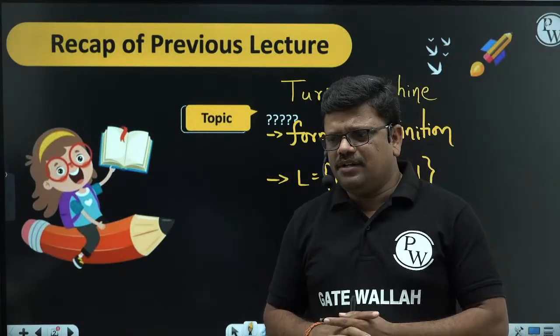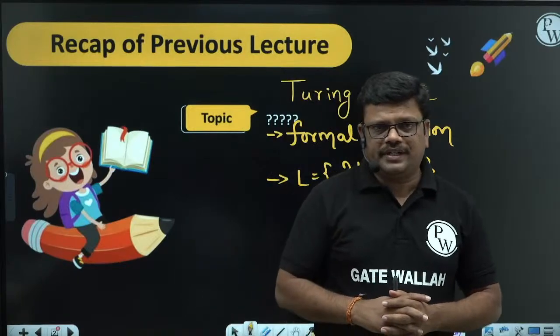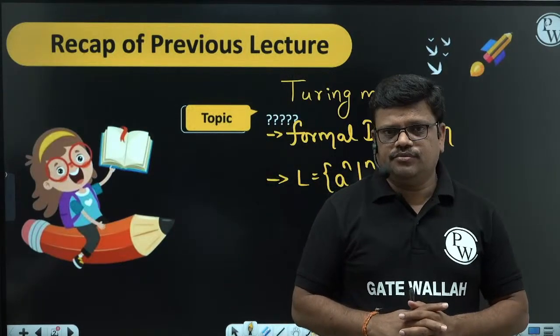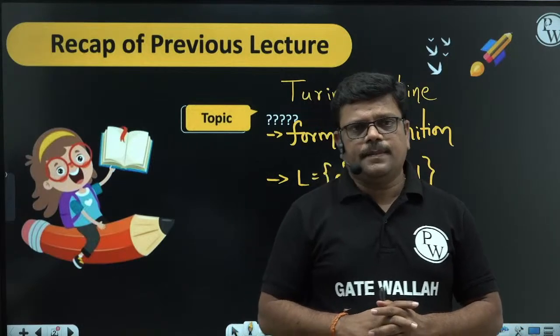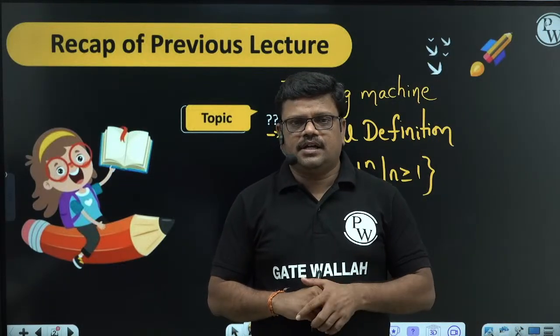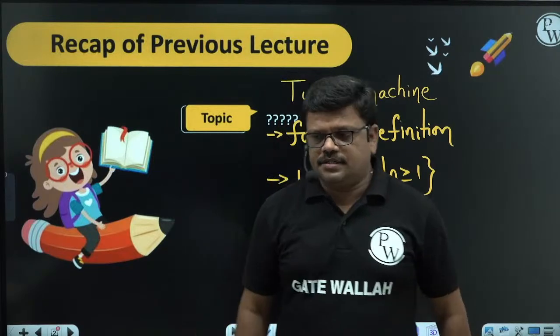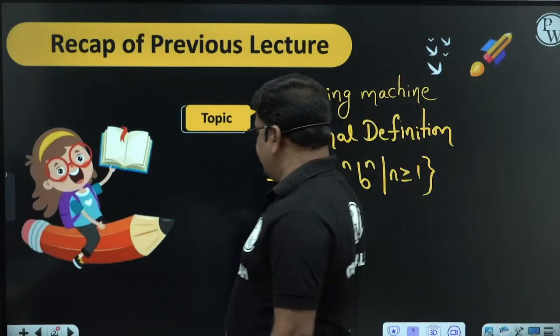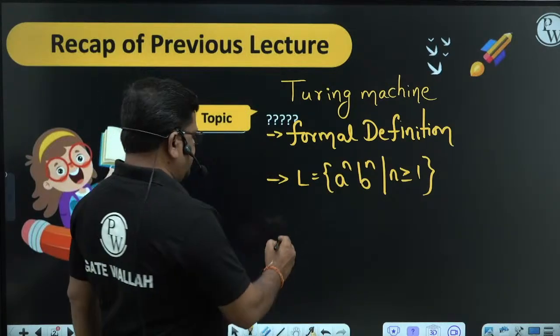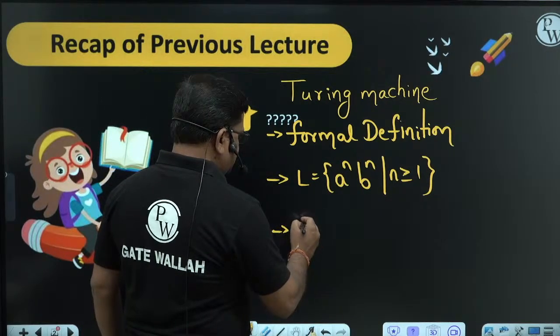From the GATE examination point of view, the recognizer is more important. It does not mean that we don't get questions from the remaining ones. We will get questions anyhow, but the recognizer part of the Turing machine is the main important thing. So we studied the types of Turing machine as well in the last class.